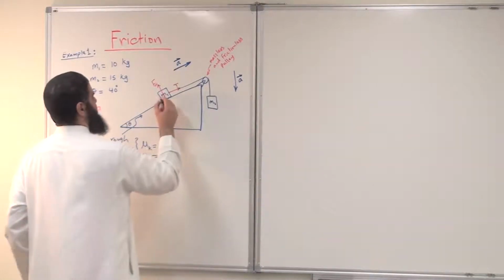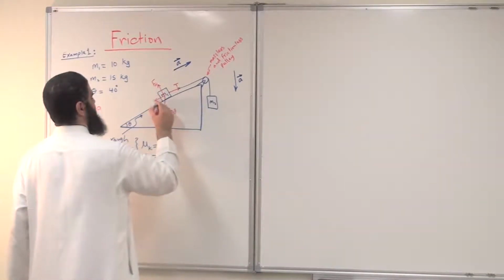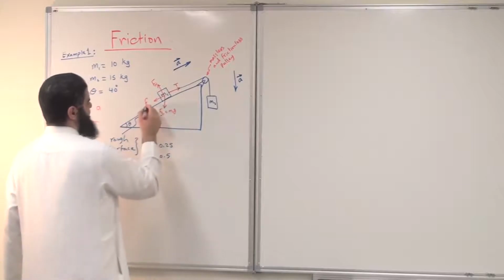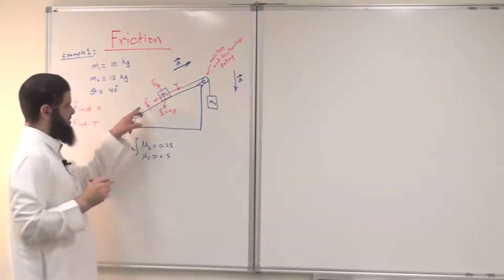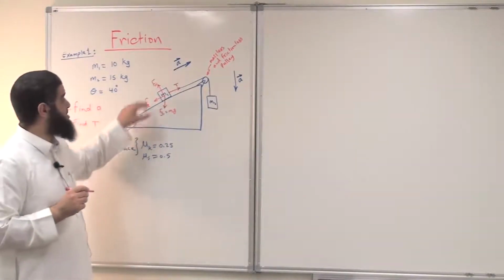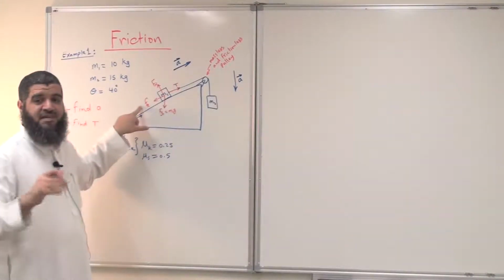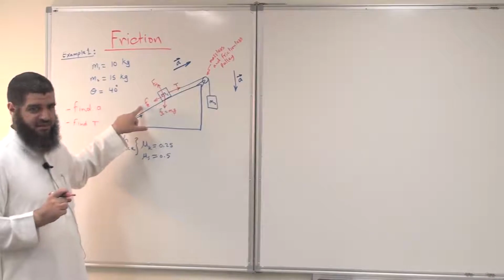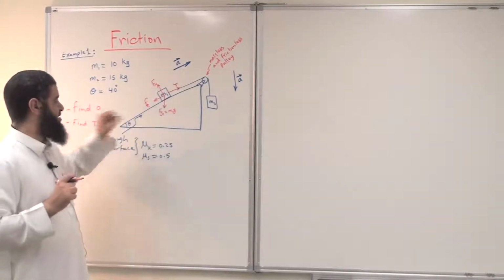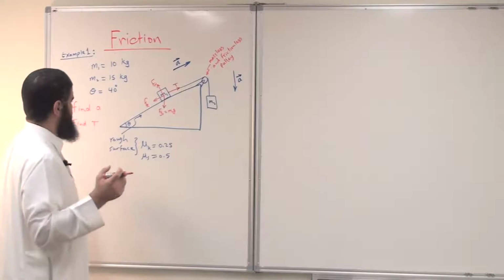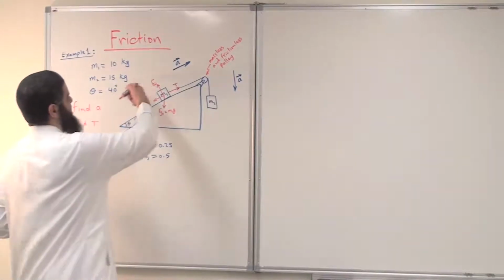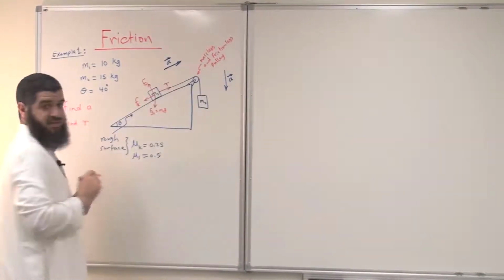So I write here in this direction, Fk. Why did I write Fk, not Fs? I write Fk because there is motion, there is acceleration. So the effective friction force is the kinetic friction force, not the static friction, because we have motion. Any other force? No other force, and the acceleration is in this direction.